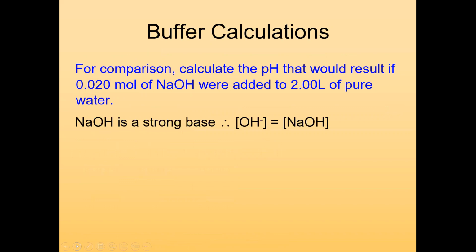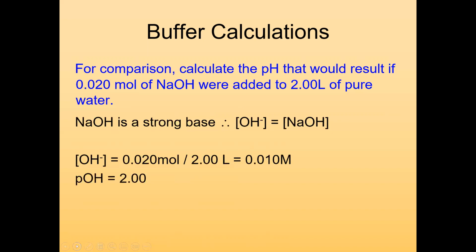So 0.02 moles divided by 2 liters is a concentration of 0.01 molar. With the hydroxide ion concentration, we can find the pOH, which would be equal to 2. The pH would then be equal to 12. That is a lot higher and much more basic than the 4.80 when that same amount is added to a buffer solution.